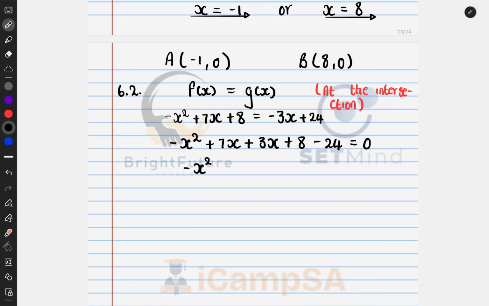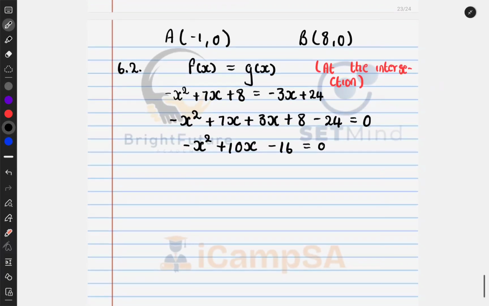So we'll have minus x squared. 7x plus 3x is what? It is 10x, and then positive 8 minus 24 will be minus 16, is equal to 0. From here, let's divide by negative to make the first term positive. x squared minus 10x plus 16 is equal to 0.